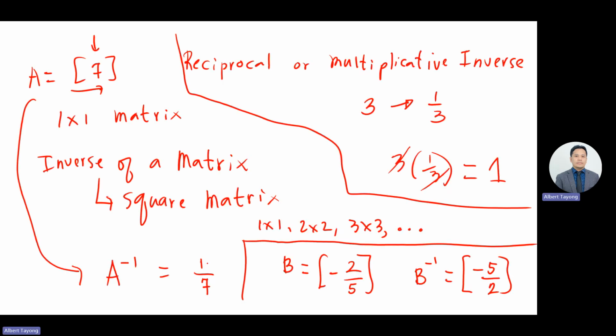Matrix A and B are square matrices, and these are actually trivial matrices. When I say trivial, this is the simplest one, and we don't even need to discuss it because it is not usually applied in real life scenarios, but we still talk about it, because it is the lowest square matrix.